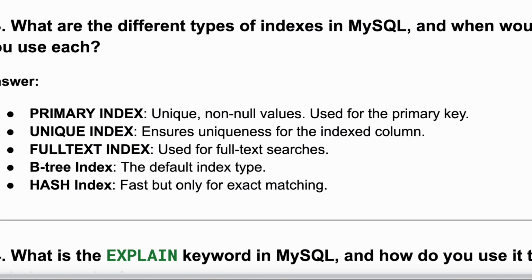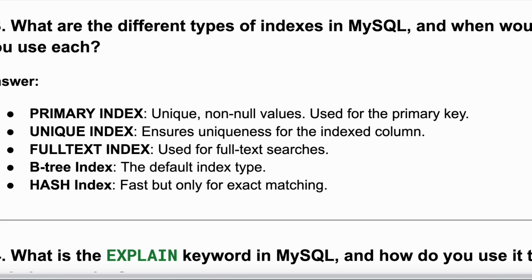And the next question is, what are the different types of indexes in MySQL, and when would you use each? We have already talked about indexes, like what indexes are and why they are used. So now let's talk about the different types of indexes. We have primary index, which has unique, non-null values and is used for primary key.